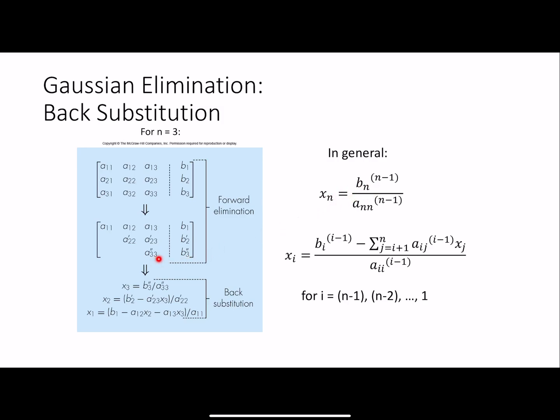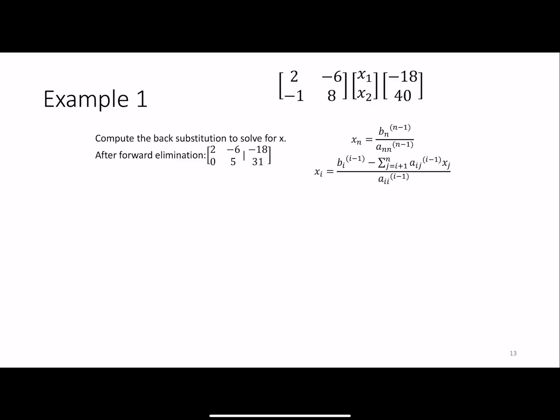Once we have x3, we plug it in here, and then we only have to solve for x2. Here is the solution for that formula, where the sigma is a summation. And you repeat all the way back until you solve for x1. This is what's called the back substitution.